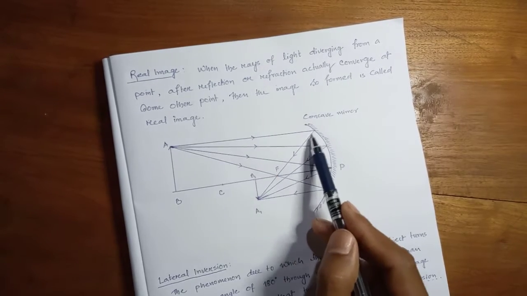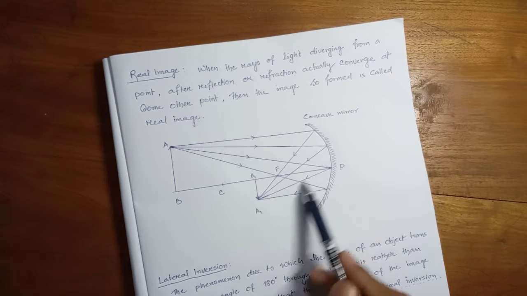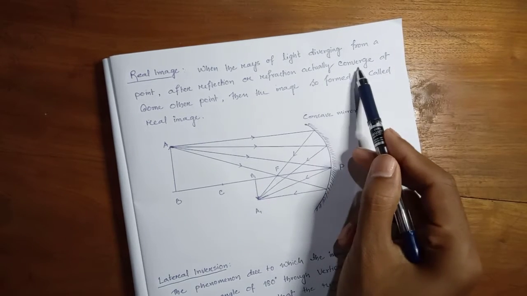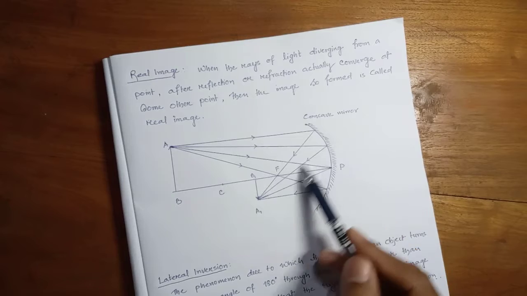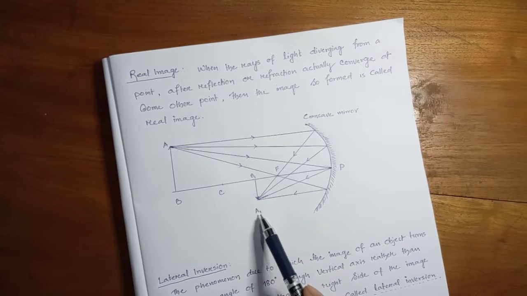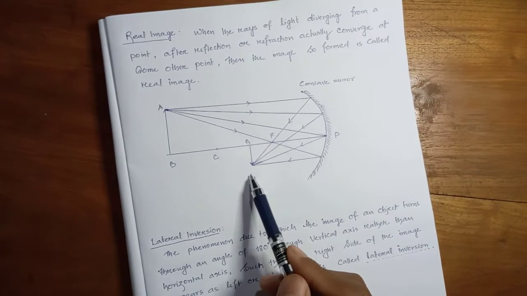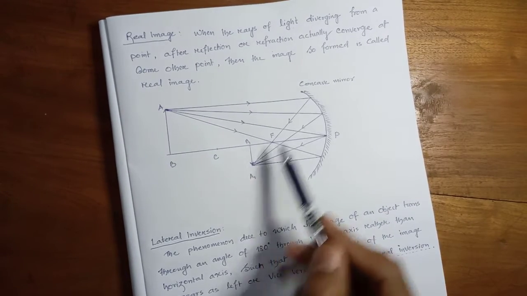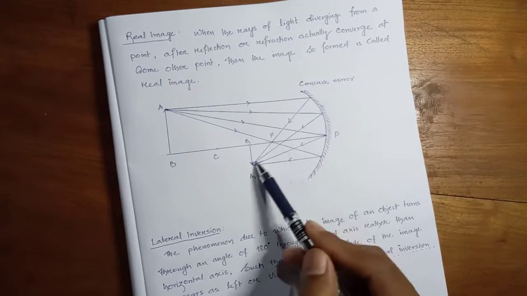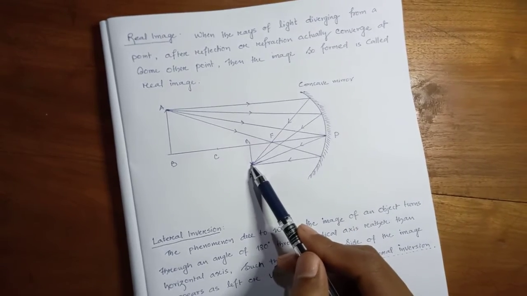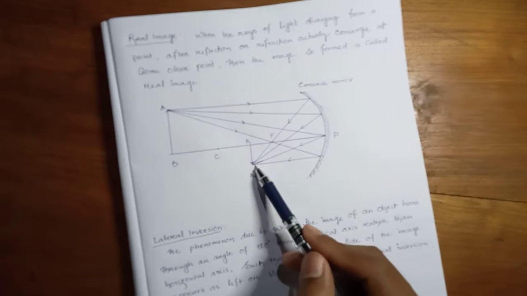After reflection, these are the reflected rays, and they actually converge towards another point. This is A1, and this A1 is the image of the object. The point where these reflected rays converge and meet is called the image of the object.